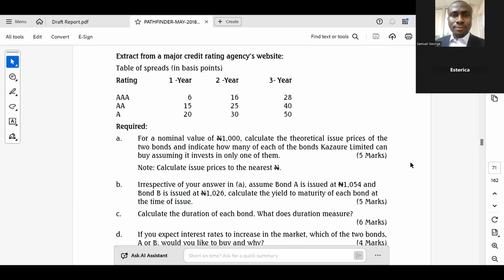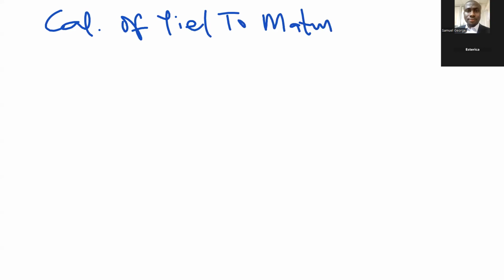Okay, now, yield to maturity. I have already given the steps or things needed in order to get yield to maturity. So how do we calculate yield to maturity? Calculation of yield to maturity, YTM.